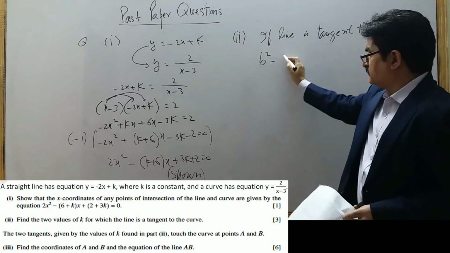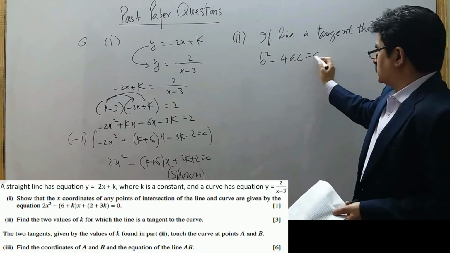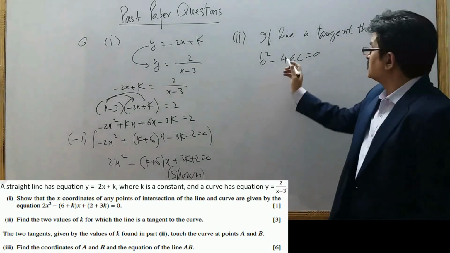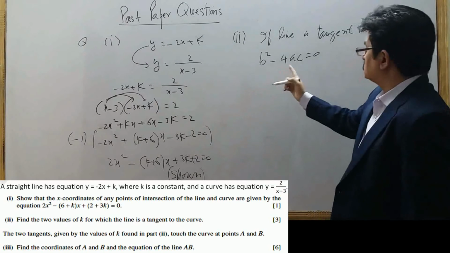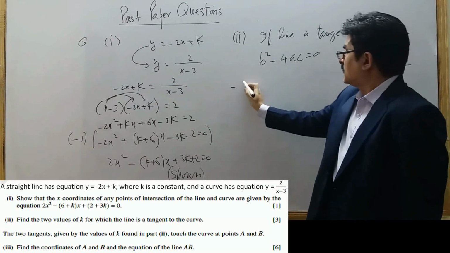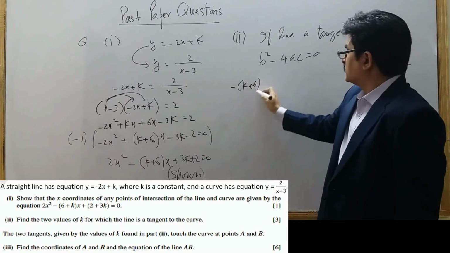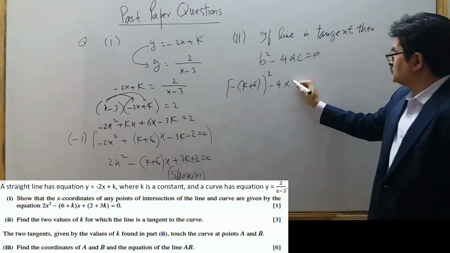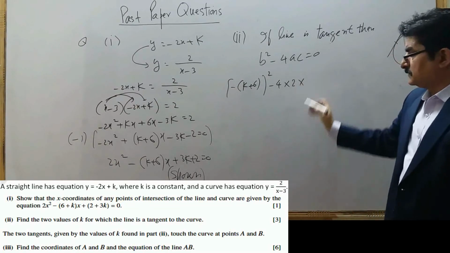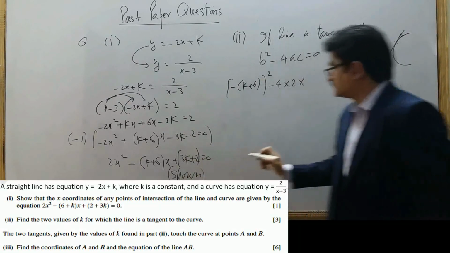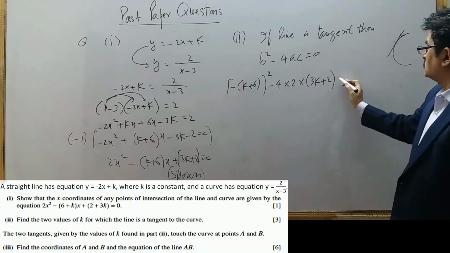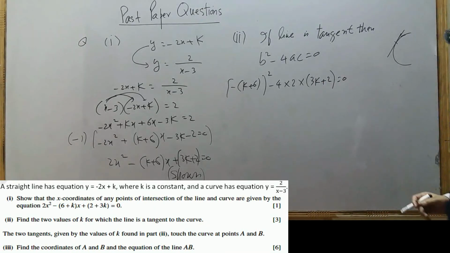So we have the discriminant b square minus 4ac equal to 0. Now taking values from this and putting them in, minus (k plus 6) whole square minus 4, a is 2, and c is 3k plus 2, and this is equal to 0.